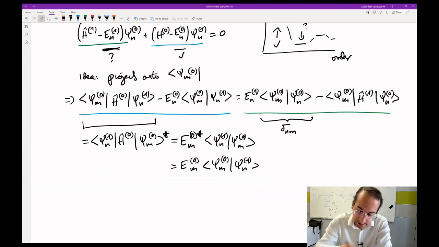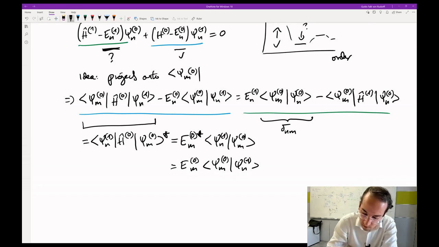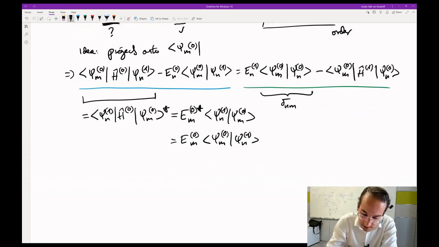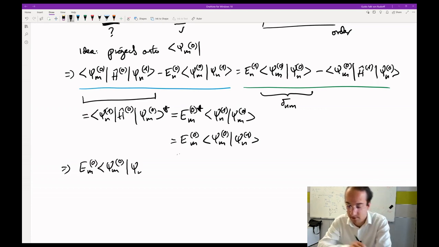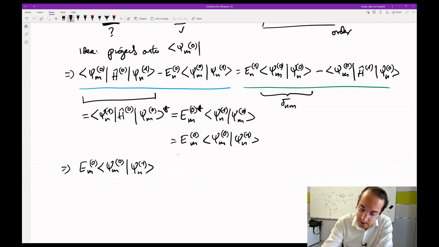Now we can take this expression here and insert it for what we started with. So if we do that, we take first this part here, so that would be En0 psi M0 psi N1. And now the rest of the equation, we take whatever was written here, so this part we copy.